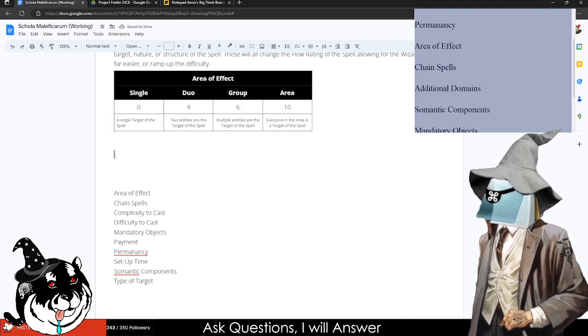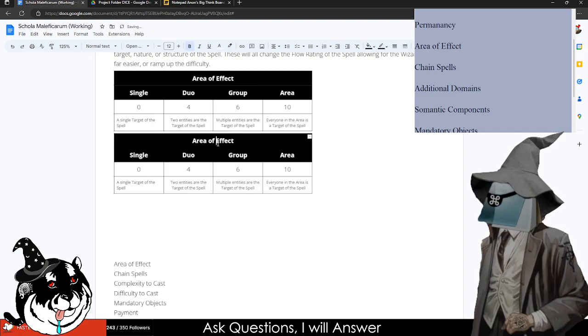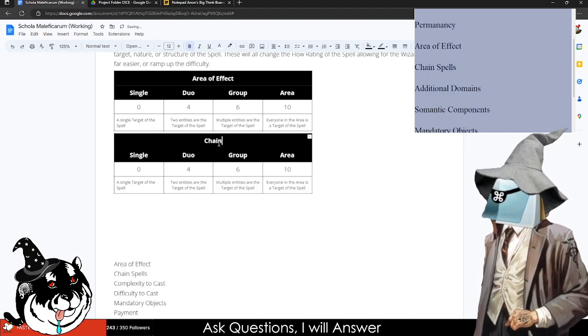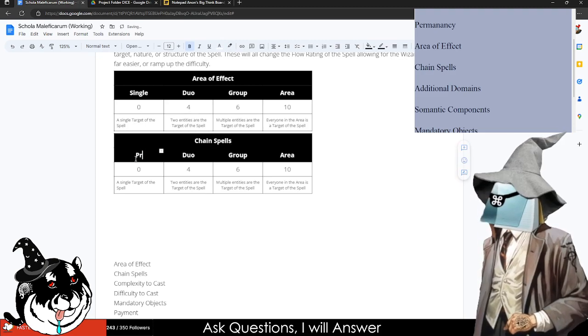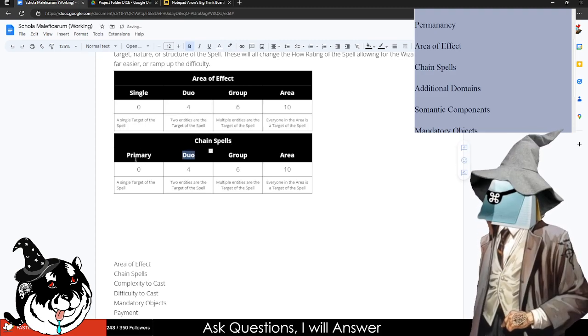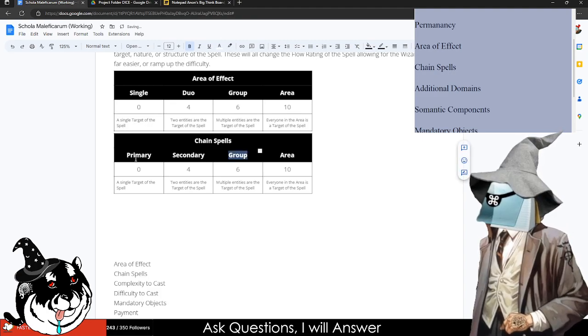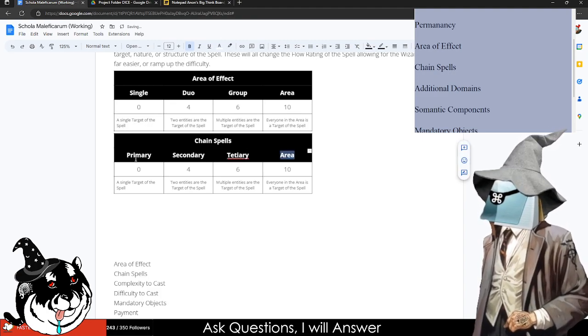Chain spells, chain gun, chain spells. Primary, secondary, tertiary.